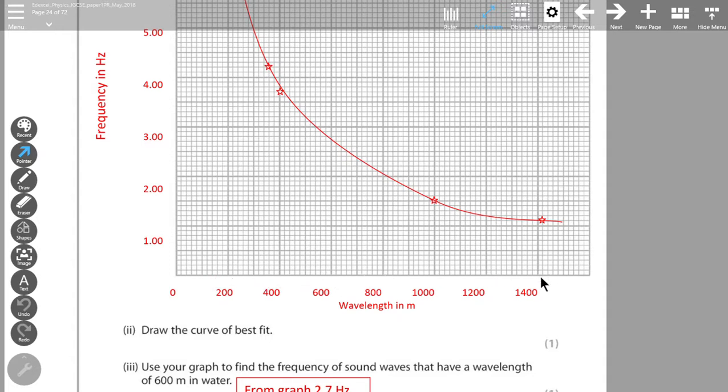So if we make each big box 200, we reach 1400 here, and this will be 1600. Our purpose is to occupy as much space as possible, and to be sure that the examiner will not be able to make our scale 2 times bigger. Here, of course, we can make it 2 times bigger.